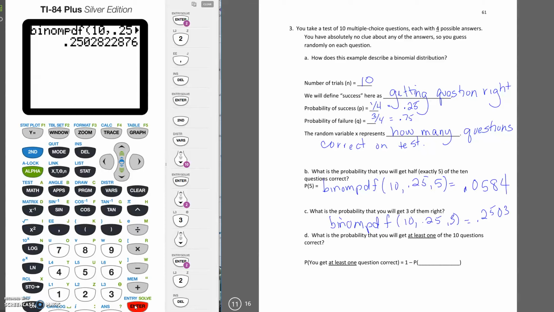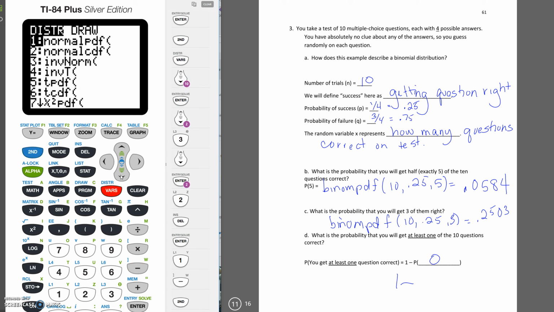D says, what's the probability that you'll get at least 1 right? So remember, at least 1 is the complement of none. So we're going to do 1 minus the probability of 0. So 1 minus, we can actually do 1 minus in our calculator before we go to the distribution.